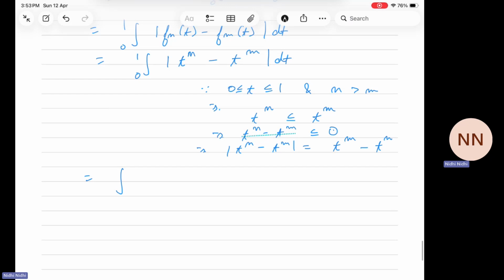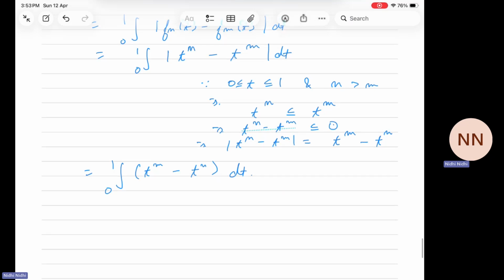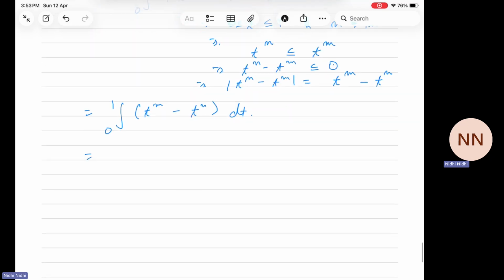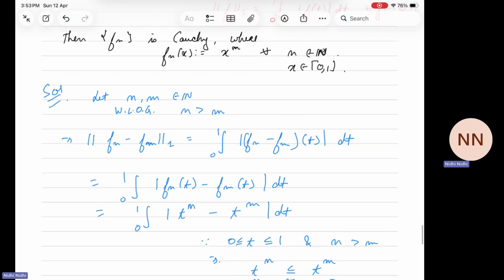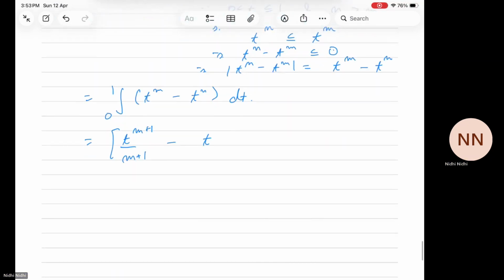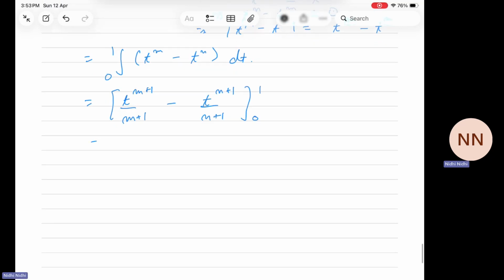That means this is equal to the integral 0 to 1 of t to the power m minus t to the power n dt. Now let's just integrate it. This will give us t to the power m plus 1 upon m plus 1 minus t to the power n plus 1 upon n plus 1, from 0 to 1. This will be 1 upon m plus 1 minus 1 upon n plus 1.